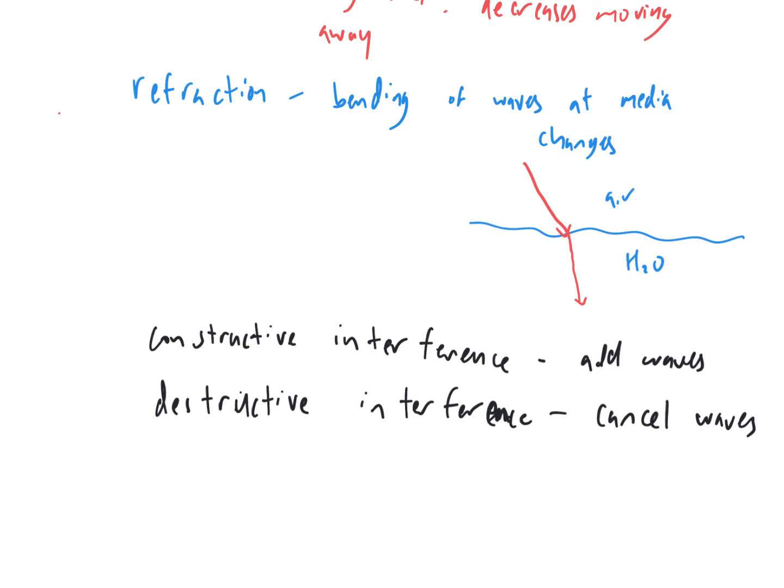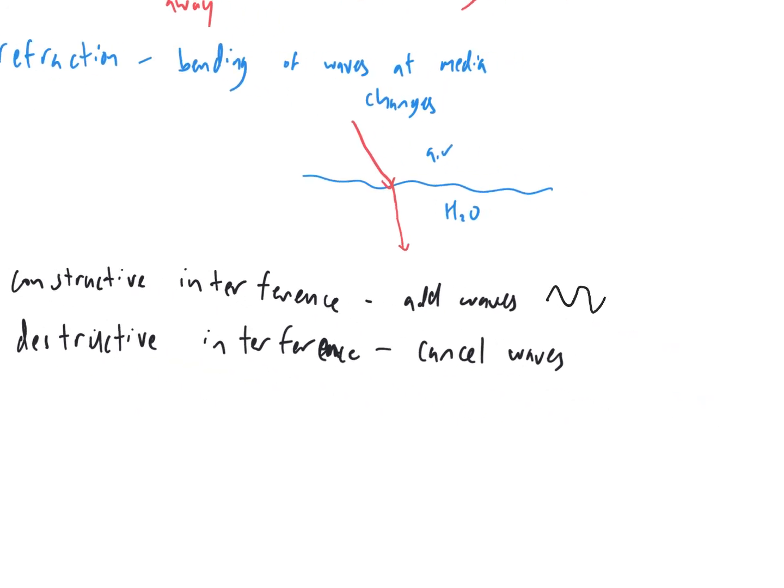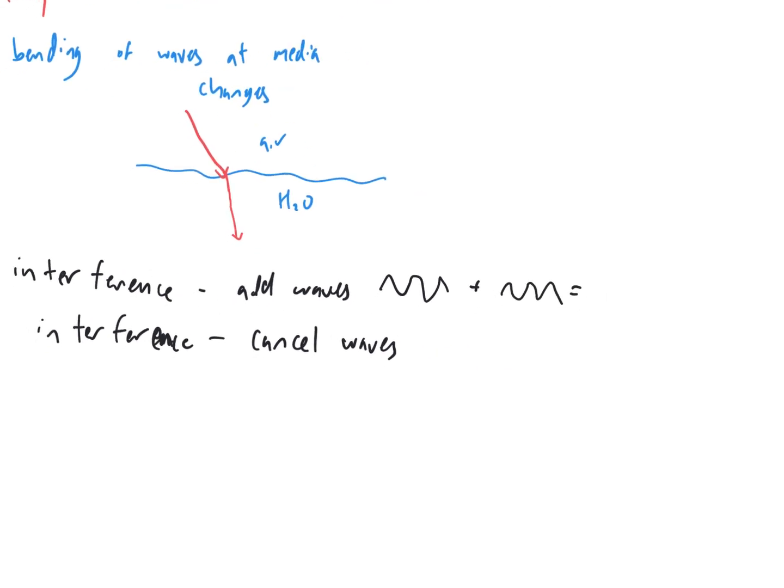Destructive interference is going to lead to no waves or a canceled flat line. That would be like this plus this equals bigger. And canceling would be this plus that equals flat. Starting by going up versus starting by going down leads to some cancellation.